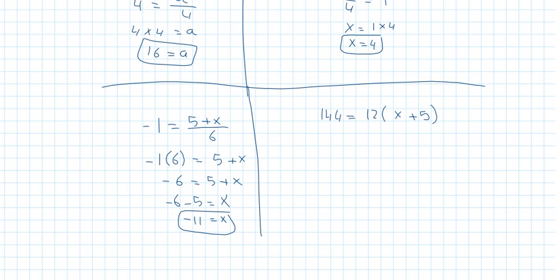Okay? The 12 into the brackets. So multiply the 12 into the bracket to get rid of the brackets, right? Remember that this is multiplication here, so you have to distribute that 12 in. Okay? So that's going to be 144 equals 12x plus 60.